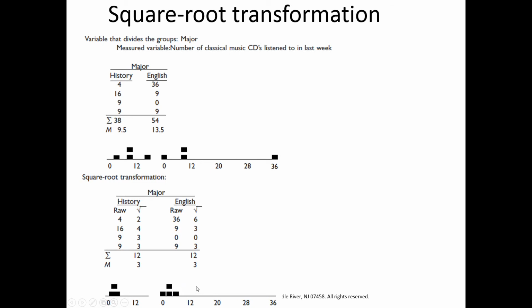There is some discussion in statistics circles about whether such a transformation is valid or not, but the majority of statisticians think that it is a valid method. One important point is that you cannot apply transformations only to one group. You have to apply exactly the same transformation to both groups. So history majors' and English majors' data are both transformed by the square root.